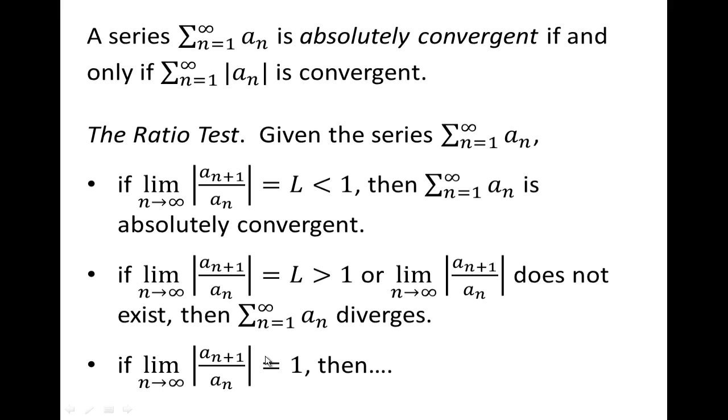Well, what happens if the limit is equal to 1? Well, it turns out that we really can't make any determination. There will be some series for which it does converge, and some series for which it does not converge, and so we have to use some other test. Maybe the alternating series test, or the comparison test, or maybe the integral test.